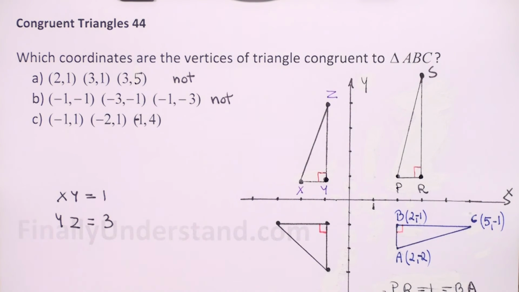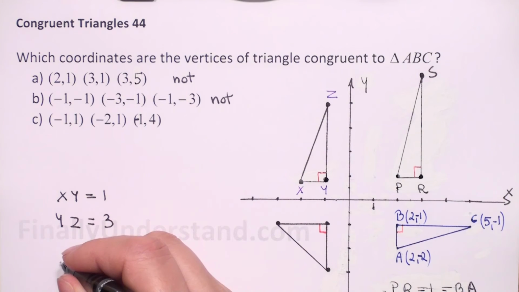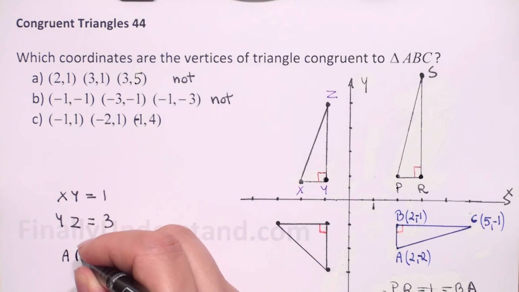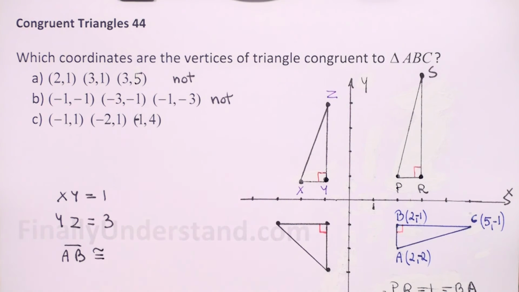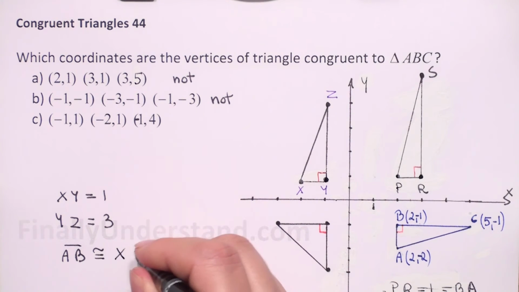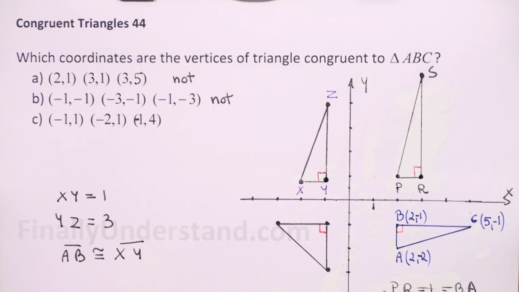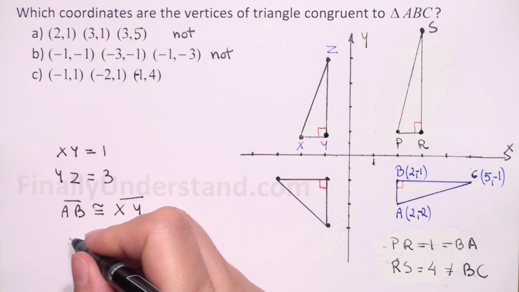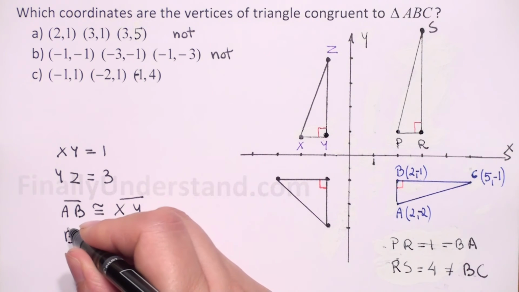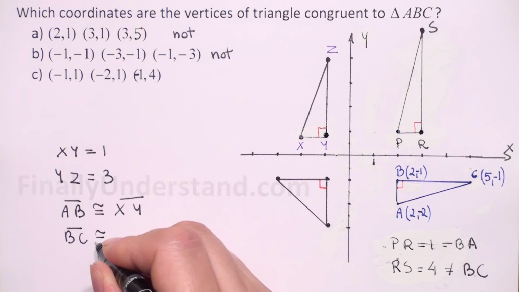We can write that AB is congruent to XY and YZ is congruent to BC.